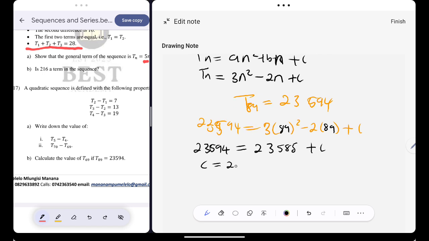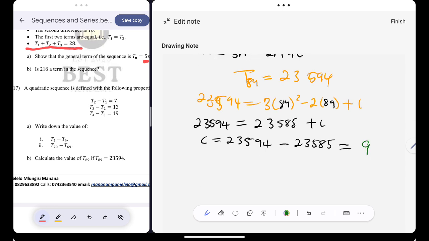Therefore c is equal to 23,594 minus 23,585. What do we get? We get 9. It simply means that our sequence is given by 3n squared minus 2n plus 9.